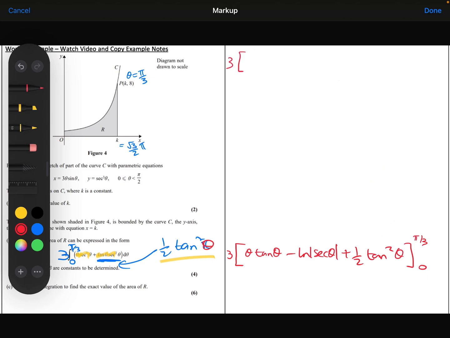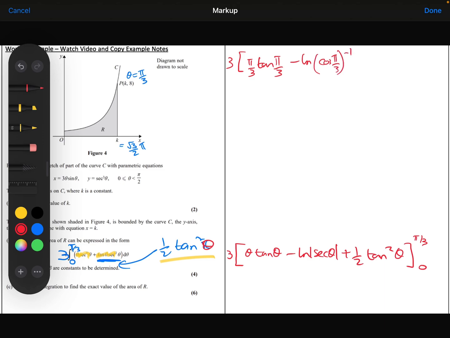So 3 lots. Let's substitute the pi over 3 in first. So pi over 3 instead of the theta minus ln sec. Now it's going to be quite difficult to substitute the pi over 3 into the sec, but I could think of this as being 1 over cos. And that's actually quite nice to do, because the ln of 1 over this, I can just swap, because I can think of that as being cos pi over 3 to the power minus 1.